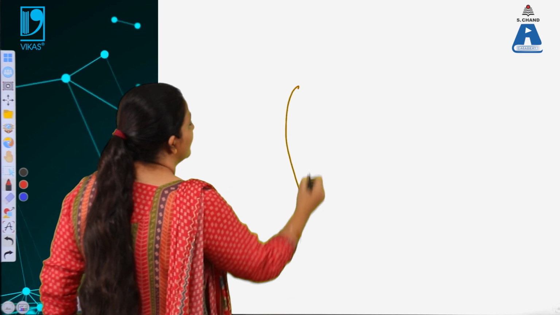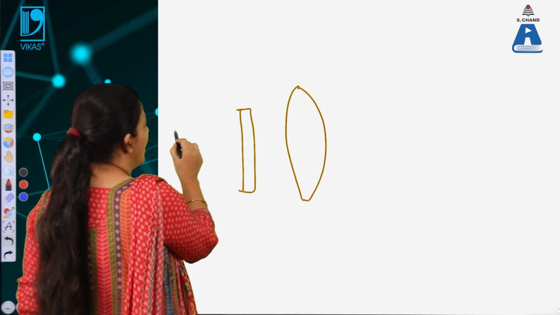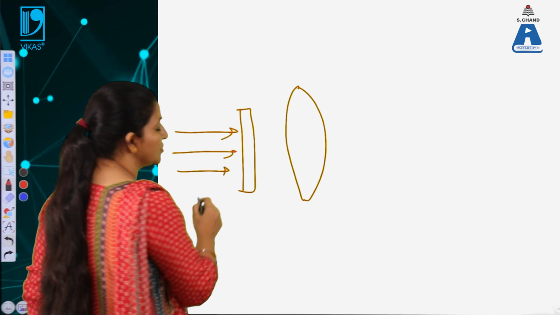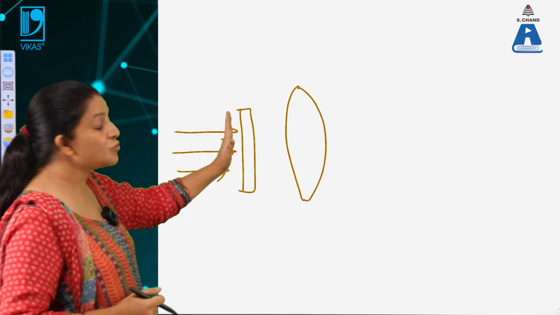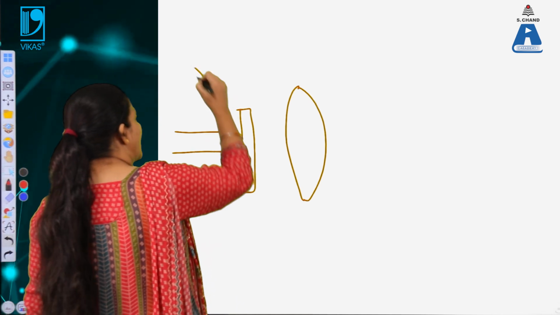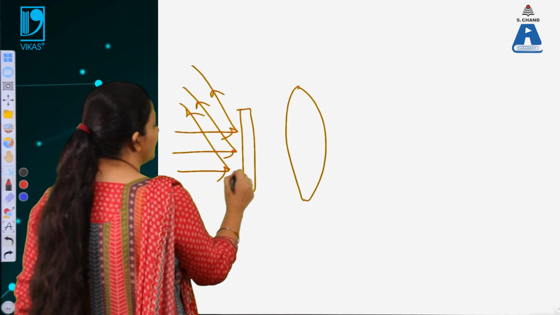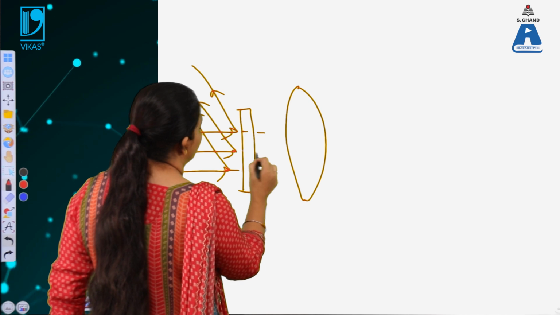If there is one lens over here and the object is placed over here, and light is incident on this object, we want to see this object properly. Some portion of the light will be reflected from this point, and some portion will be refracted.